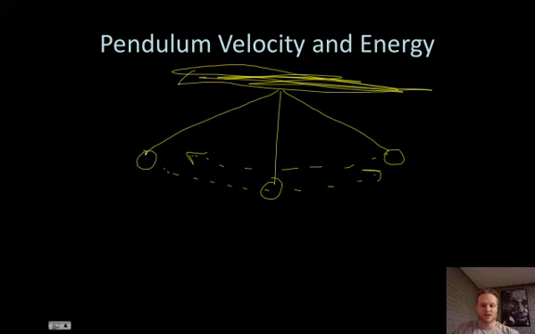At this point here, where it's at its highest point in the swing, its potential energy is at its max. Remember, potential energy is related to height and gravity, and when it's at its highest point in the swing, its potential energy is at its max. Now when the potential energy is at its max, its kinetic energy is 0. Okay, it has no kinetic energy at this point.